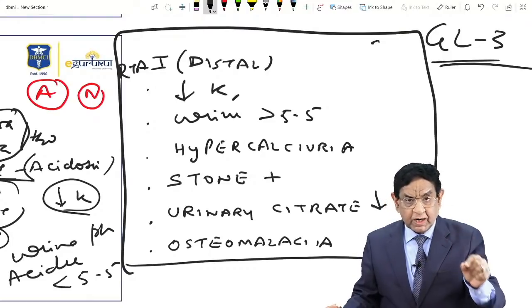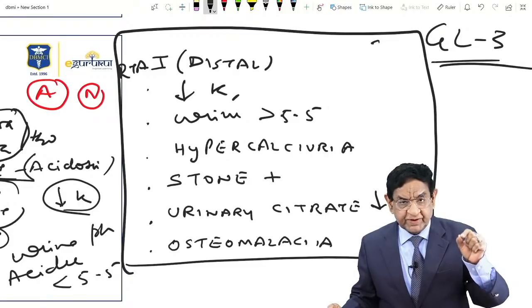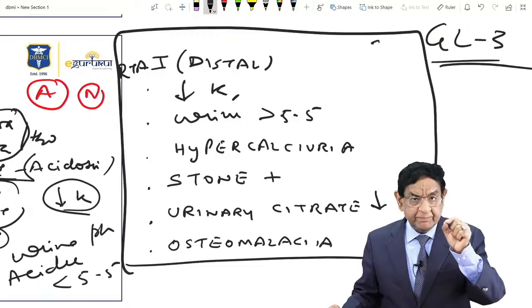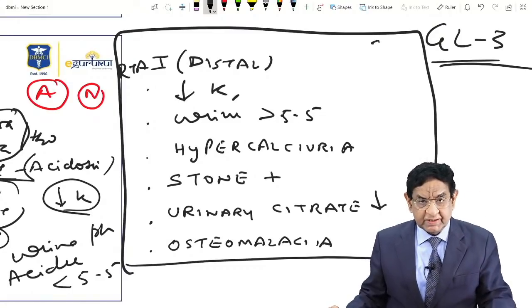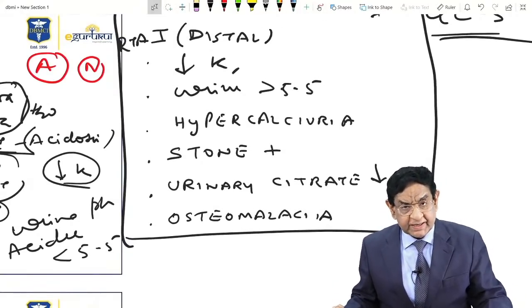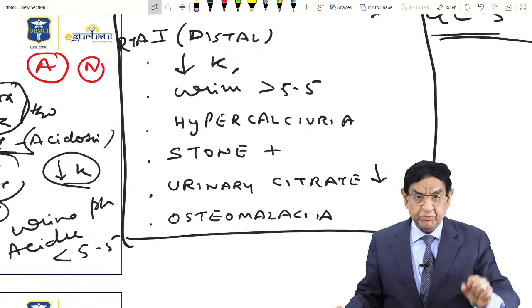In type 2 RTA, proximal RTA, seen in Wilson disease and Fanconi syndrome, there is hypokalemia, there is hypercalciuria, but renal stone formation is not there. Osteomalacia is a feature. In type 1 RTA, distal RTA, hypokalemia, but urine pH is more than 5.5.